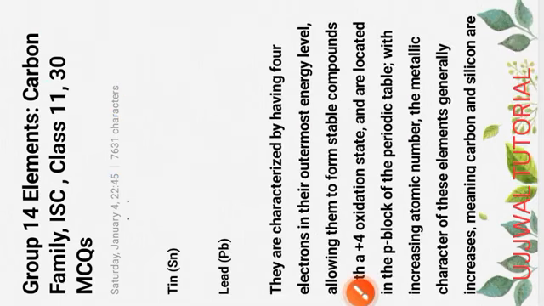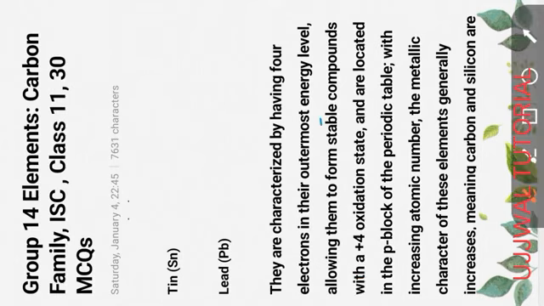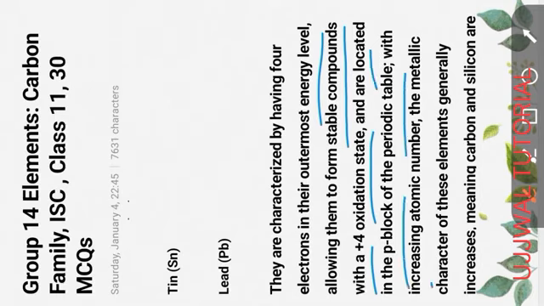They are characterized by having 4 electrons in their outermost energy level, allowing them to form stable compounds with a +4 oxidation state, and are located in the p block of the periodic table.